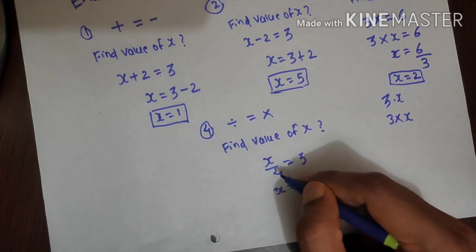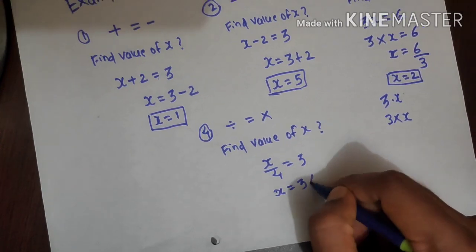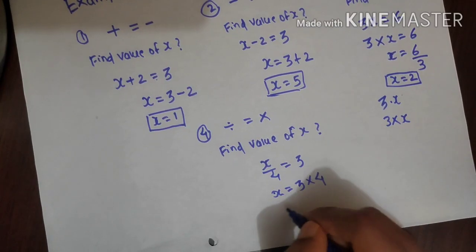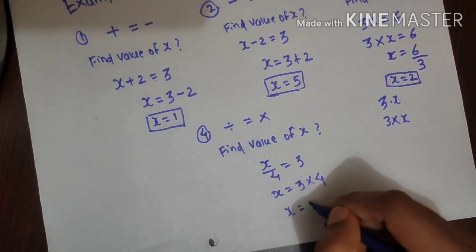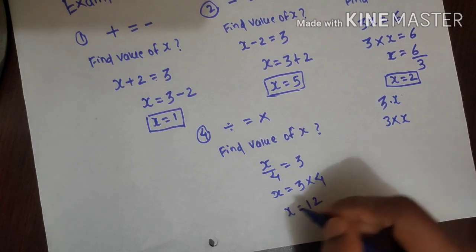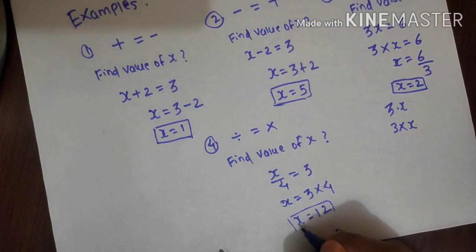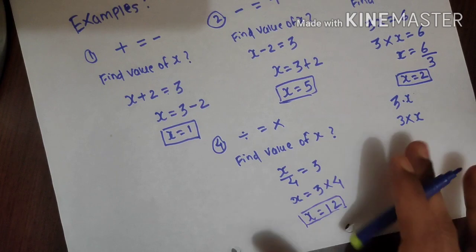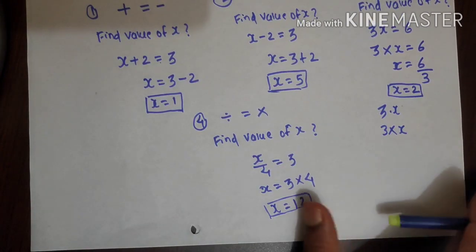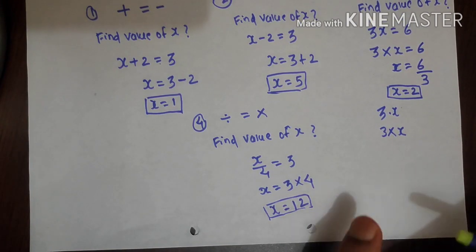Now we are moving 4 from one side to another side, so it will become multiplication 4. So our answer will become x is equal to 12. So this is the simple equation. So these are the simple 4 transposition rules.